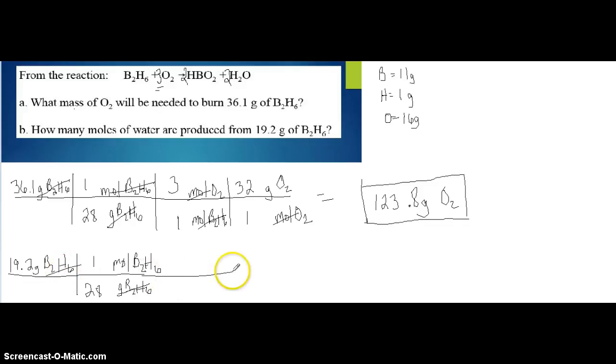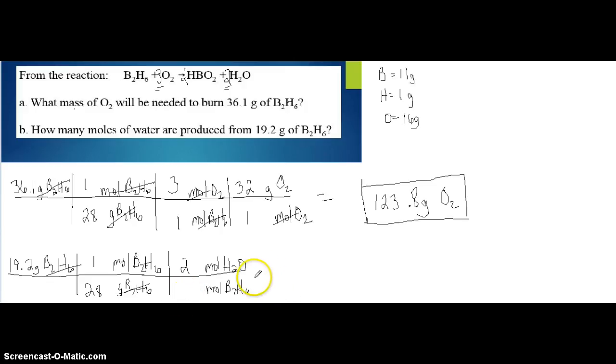Now I can go to a different substance because I am in moles. So moles of B2H6. In this case, we're going to go to moles of water. Come back to your balanced reaction. What coefficient is in front of water? Well, we have a 2. And our B2H6 had a 1 coefficient.